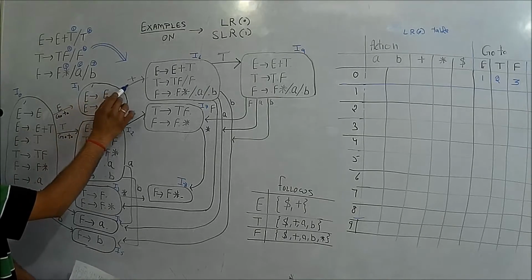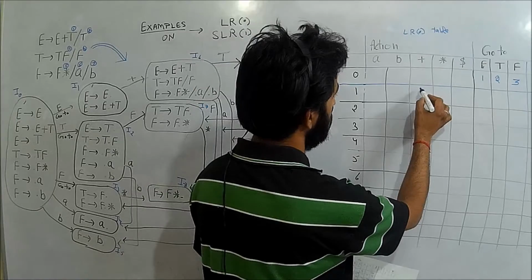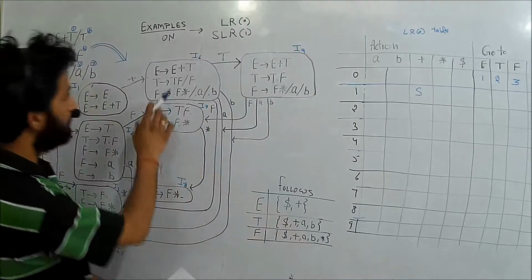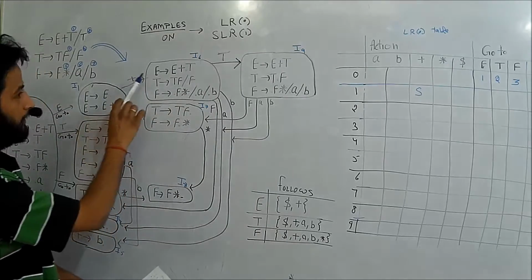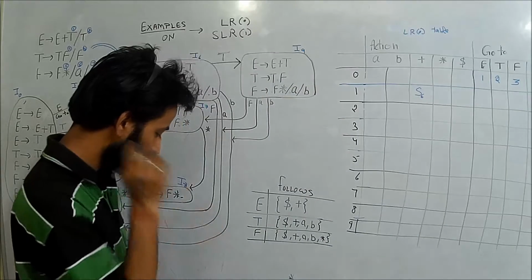So I1 by taking plus will go to, in shift move, that is I6. So shift move S6 will be here. Okay.